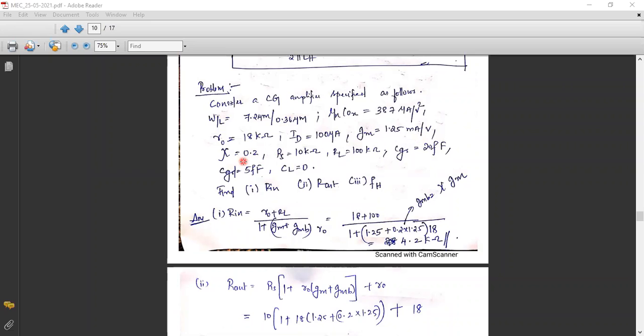Chi is 0.2. So if the chi value is given, it is understood that we have to go for GMB, that is body effect. So the transconductance due to body effect will also have a role in determining the input resistance and output resistance of the circuitry. Why will body effect occur in common gate? Because if you see the circuit diagram of a common gate amplifier with the active load, it is understood that the body is not tied to the source, it is separately grounded.